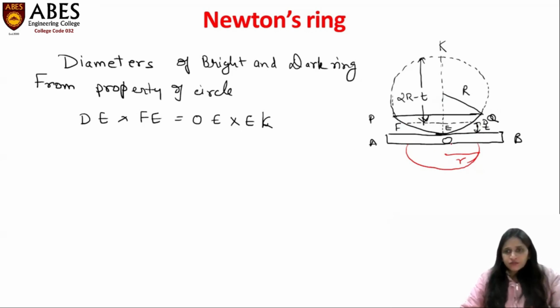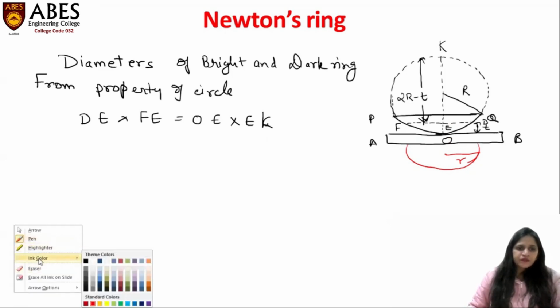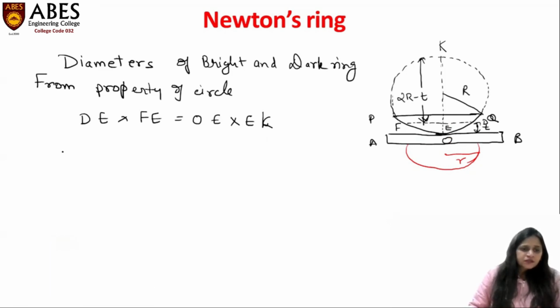So the value of E to D is r and E to F is also r. Okay, so I'll be writing the same thing, that DE is equal to FE, that is equal to small r.